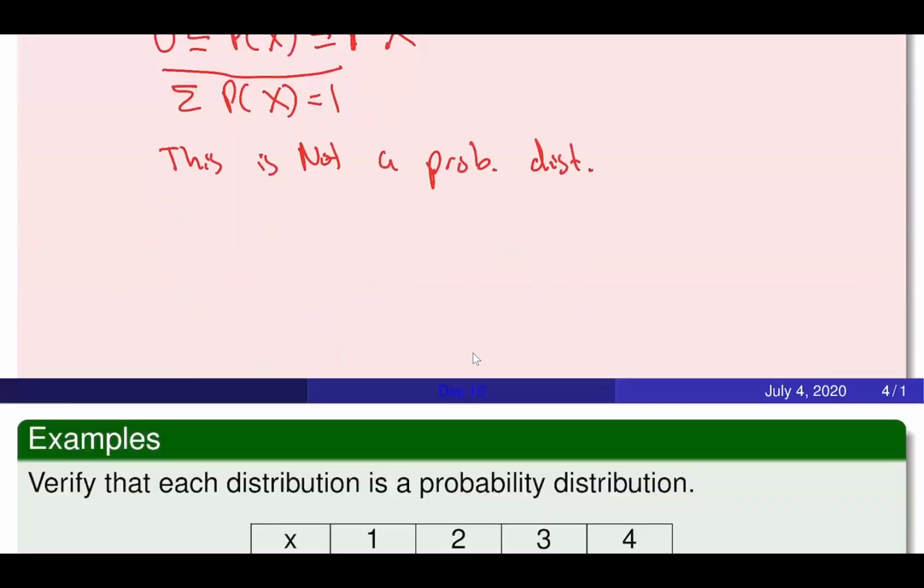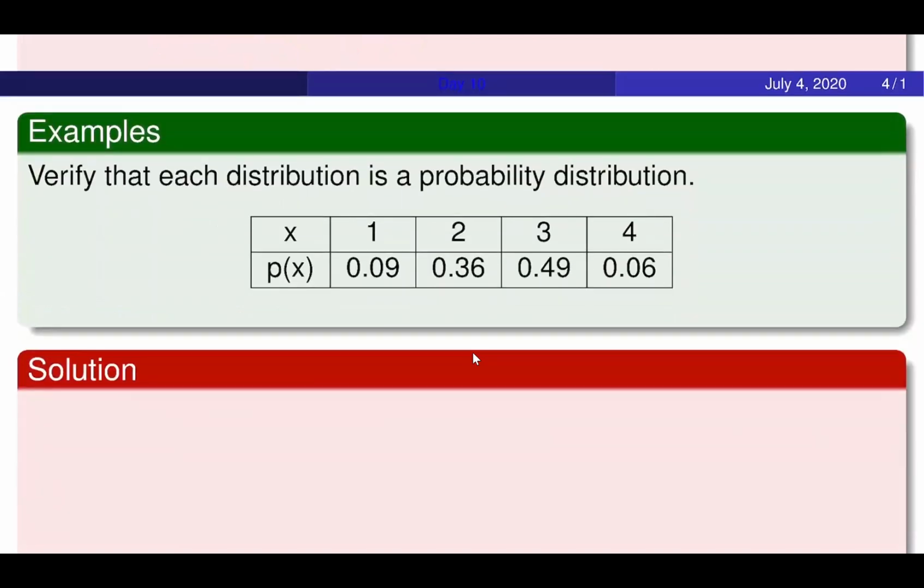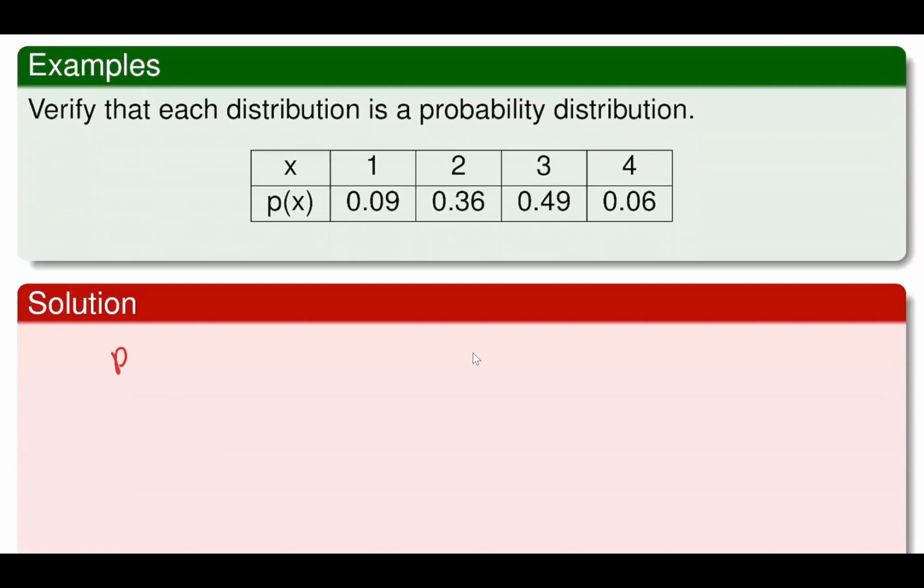All right, let's do this third one. So let's first look at the probabilities. We don't have any number above 1.